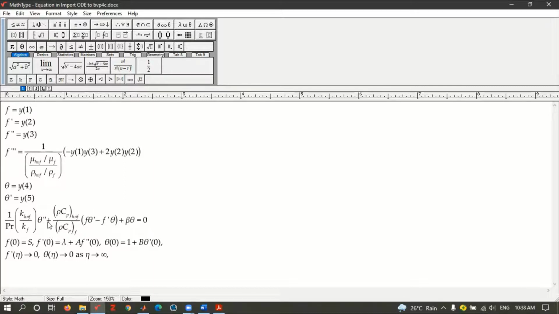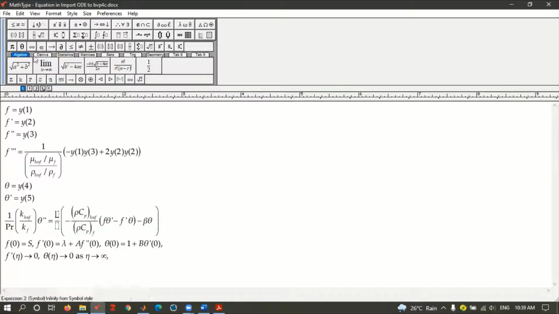So we need to rearrange these equations. So this one should be minus, this also minus, and we transfer this one to the other side, so we have 1 over this one.